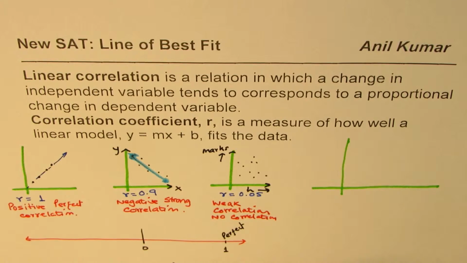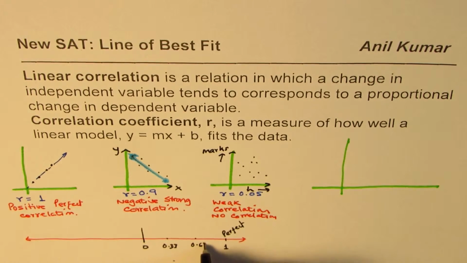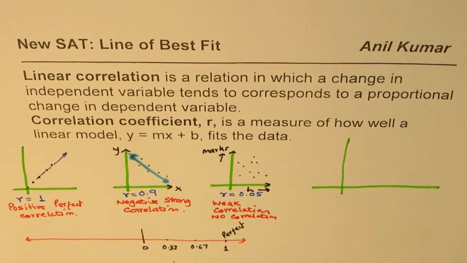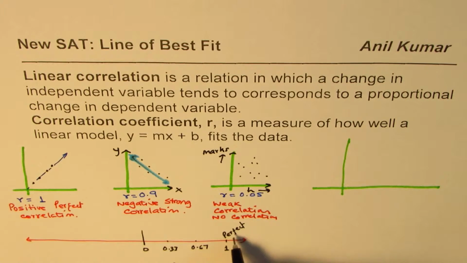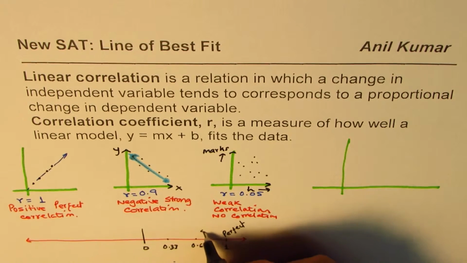But if it is kind of 0.6, let us say, so we can divide into 3 equal parts, right? So it is like 1/3 or 0.33, and this could be written as 0.67. So if you divide it into 3 equal parts, you can say this region is at 1, it is perfect. And the interval here between 0.67 to 1 will be treated as strong.